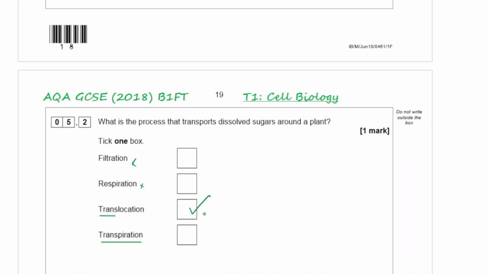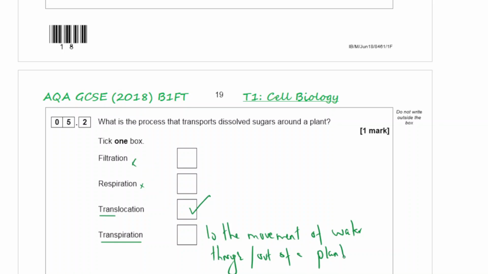Transpiration is referring to, it's the second time that we come across this word transpiration, the movement of water through and out of a plant, right?